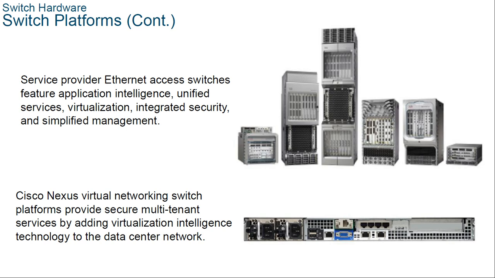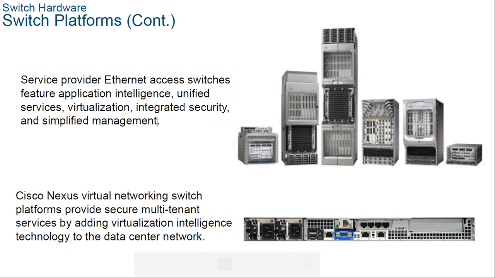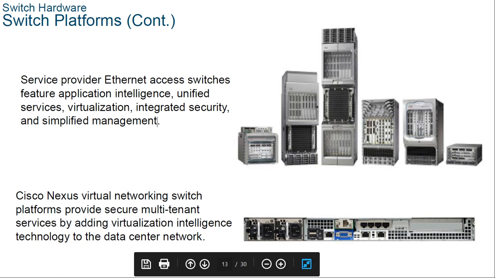If you see in cloud, there are various types of users who subscribe and share the resource pool together. Then we need network virtualization, a virtual network for each of the users, securely isolated from other users. And that's why they came up with this virtual networking switch.